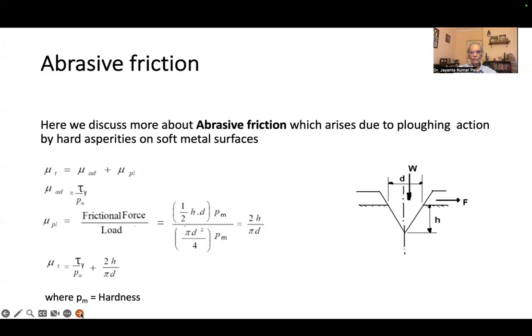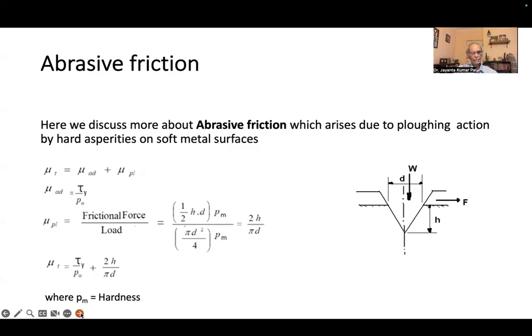This is why it is called plowing friction. So if we consider both frictions, we can say that the total coefficient of friction, mu T, is equal to mu adhesive plus mu plowing, or mu abrasive.